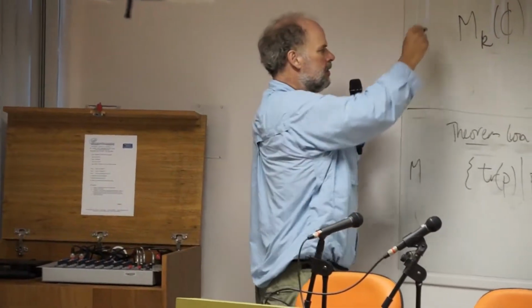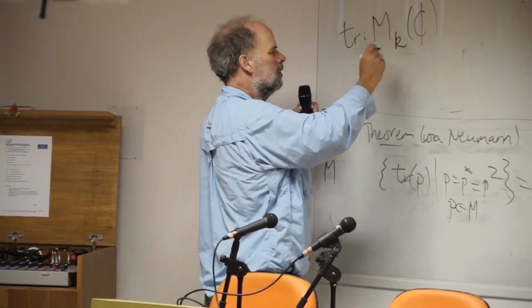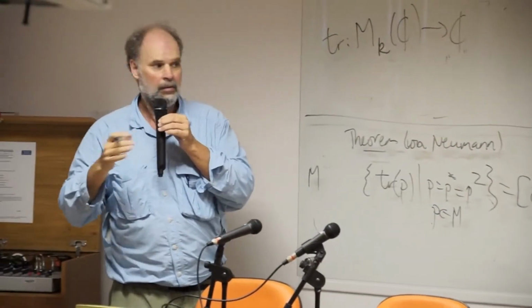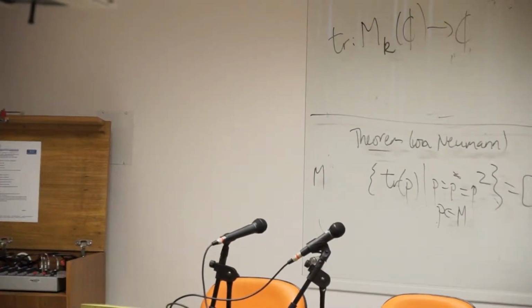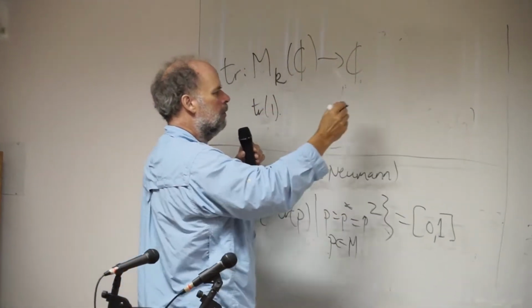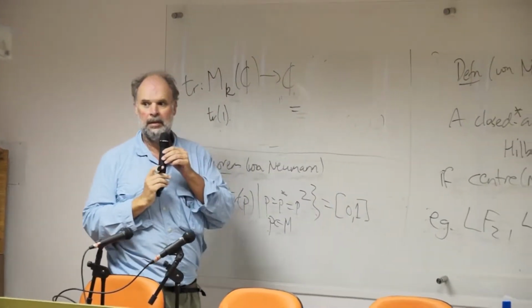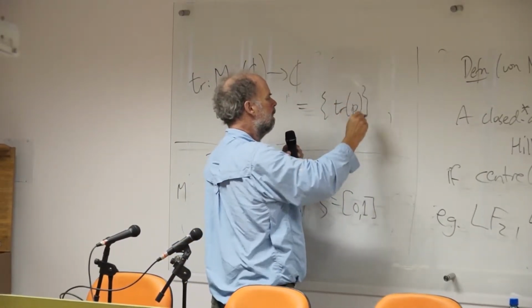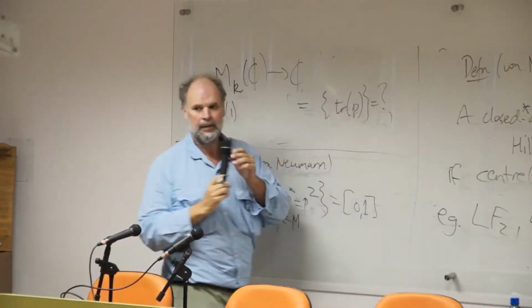That certainly has a trace, just add up the diagonals. In order that the trace of 1 is 1, we have to normalize it. Then my question for you is, what is the set of all traces of projections in this case?